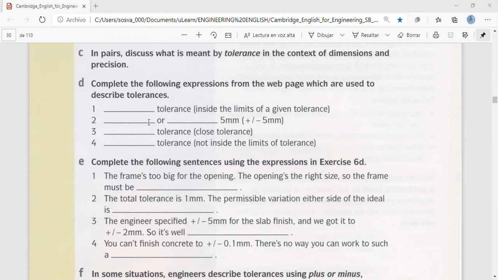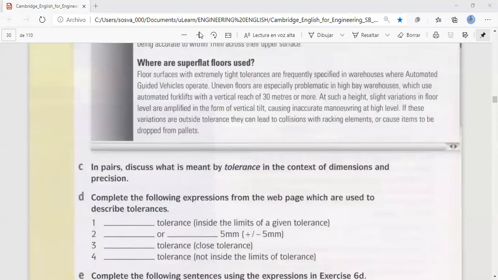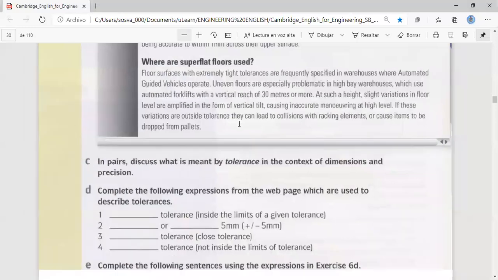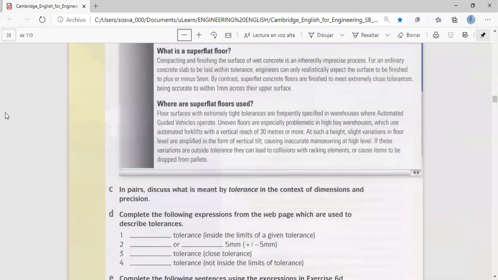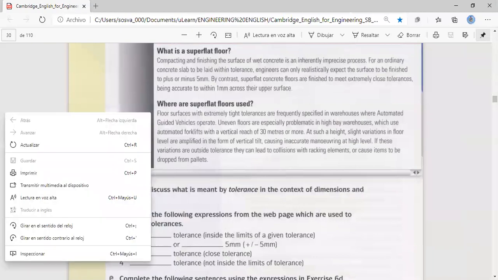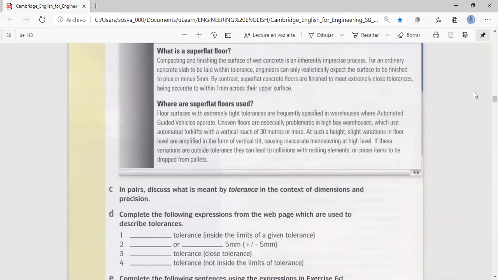Let's use the web page that we have just up in here. Let me zoom in. In this text, we have to get four words that are going to describe the tolerances. So number one, tolerance inside the limits of a given tolerance. Which word helps us to know this?